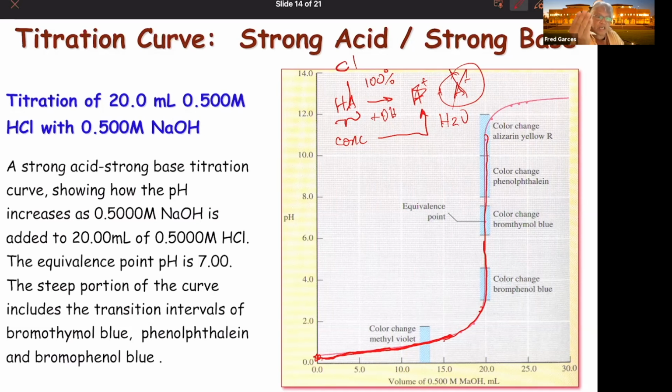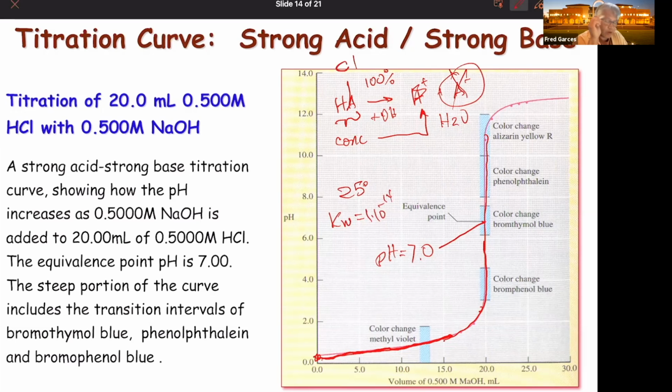But at the neutralization point, you don't have either acid or the base that you add in excess. They are equal. So at the neutralization point, the pH is always going to be equal to 7, provided that the temperature is 25 degrees. Because at 25 degrees, Kw equals 1 times 10 to the minus 14.